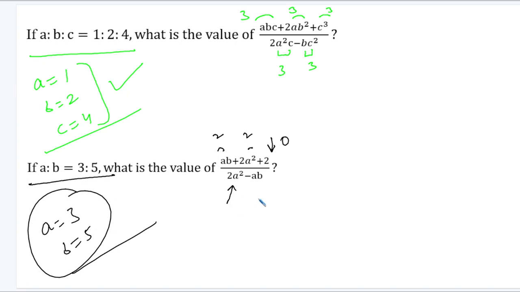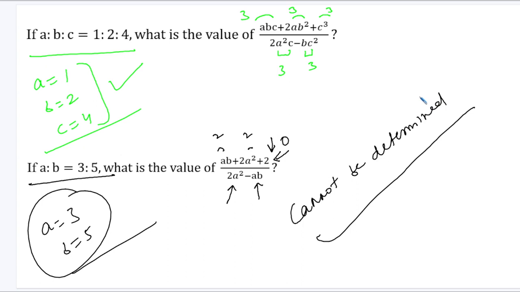It's fine for this one, it's fine for this one. It's 2, 2 everywhere except for this particular term. So it's not that we have some other way of solving the same question. No. We can simply answer this question as cannot be determined. There's no answer for this question. You can't actually calculate it.